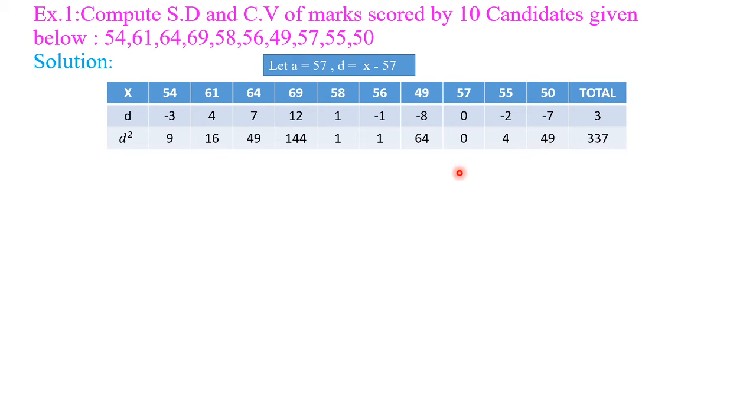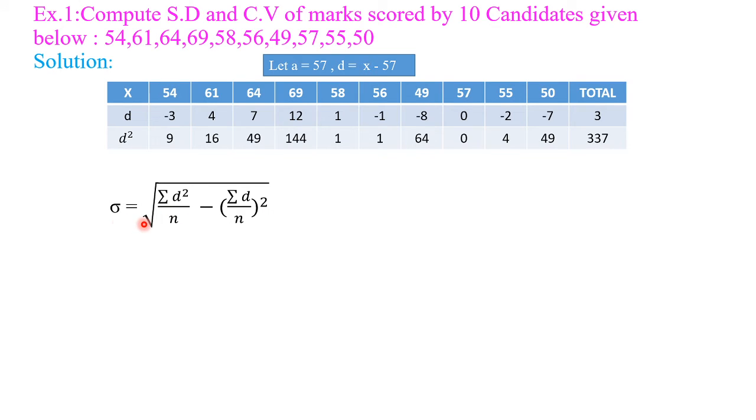Then step number 3. Summation of D is equal to 3. Summation of D square is equal to 337. Then step number 4, apply the formula.